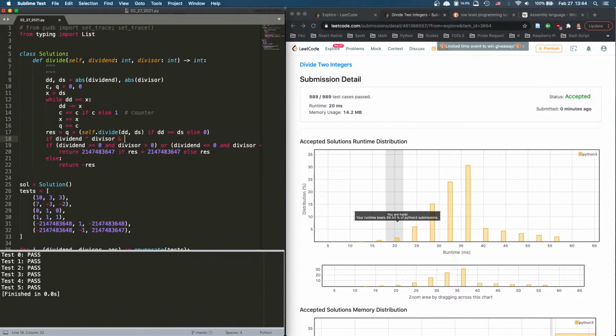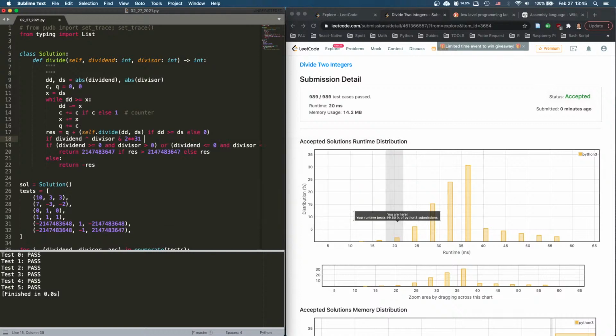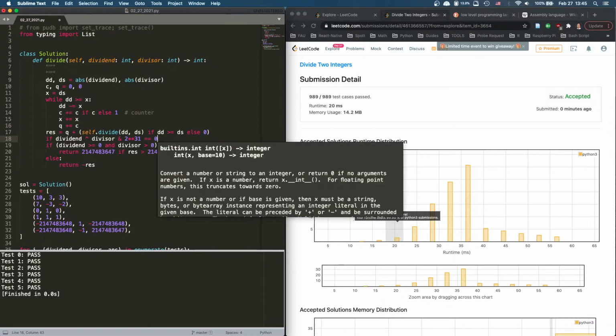A mask is going to be 2 to the 31st. Right, 2 to the 31st is the mask. Yeah, 2 to the 31st is 1 followed by all zeros. And when we do that, if it's not 0, that means it's going to be a negative. So if it is 0, that means it's a positive value.